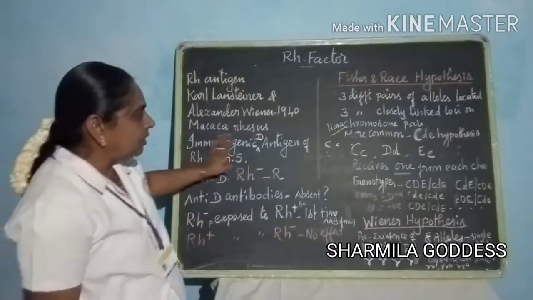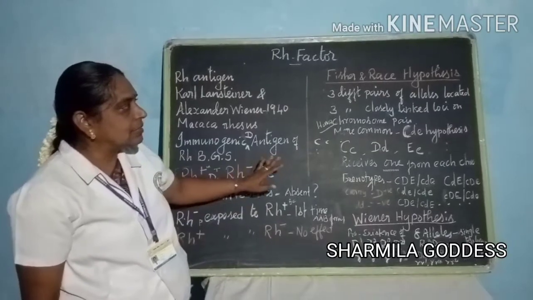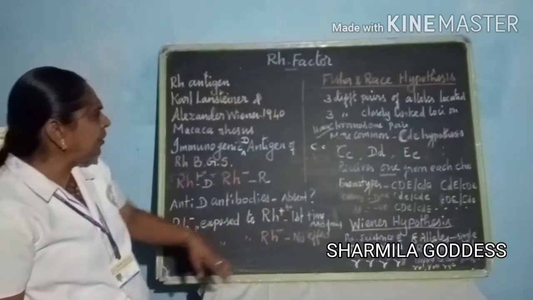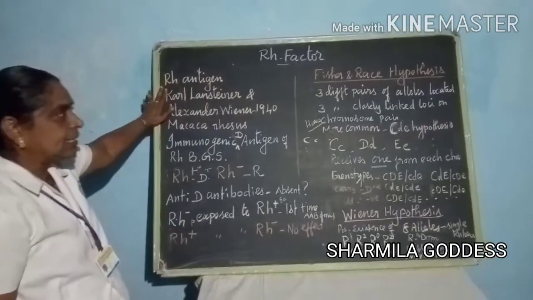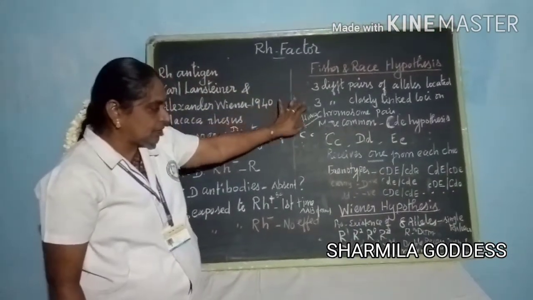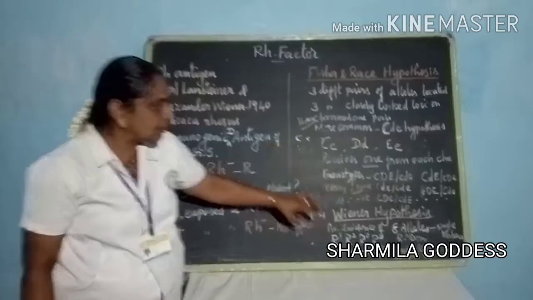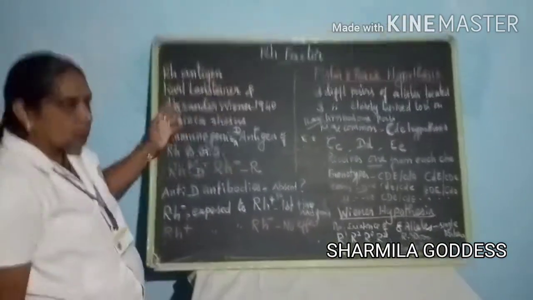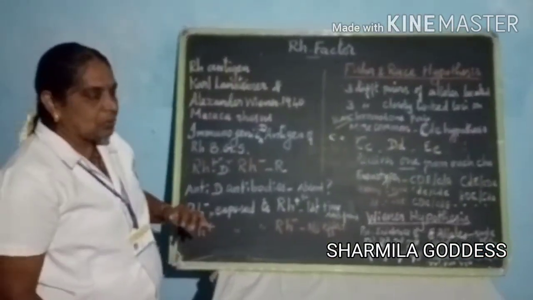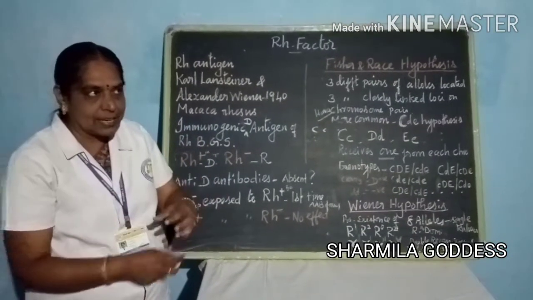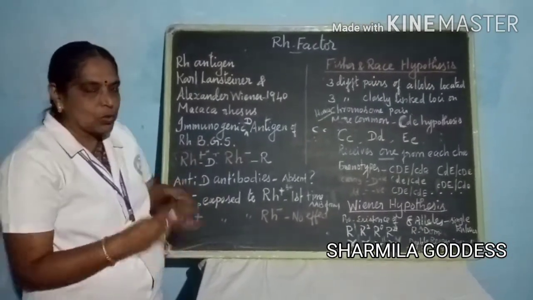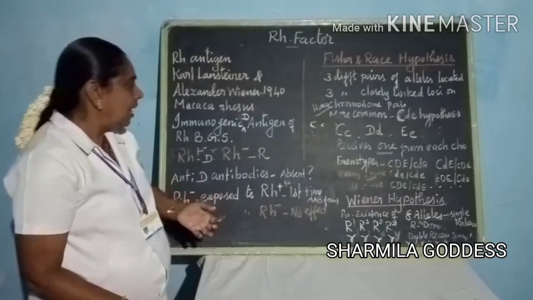In this class we have discussed only three topics: the RH factor, the Fisher-Race hypothesis, and the Wiener hypothesis. The next topic is erythroblastosis, that is, incompatibility in the RH factor, which leads to some complications.